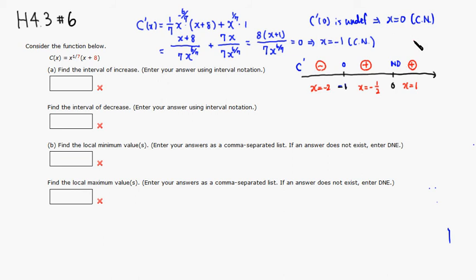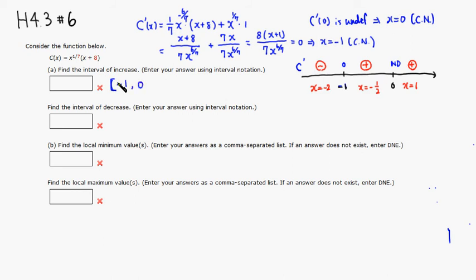Alright, so it looks like we have increasing on the interval between -1 to 0, and also 0 to infinity. I'm going to write -1, and I can probably include this, -1 to 0.